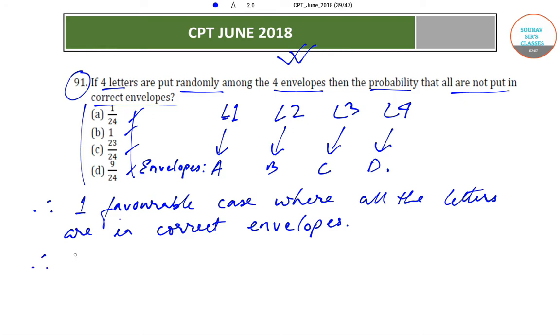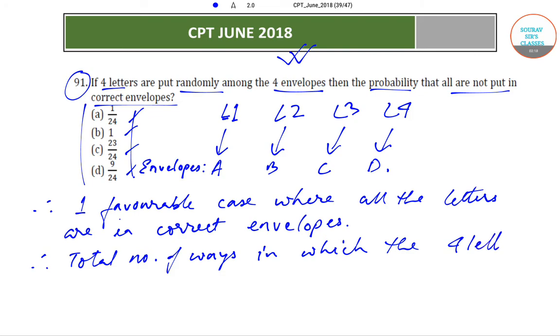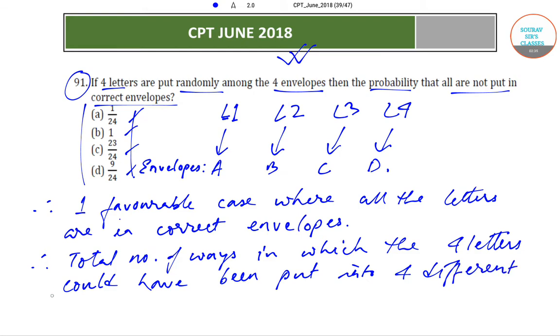Now the total number of ways in which the 4 letters could have been put into 4 different envelopes: the first letter L1 could have gone into any of the 4 envelopes, so in 4 ways.